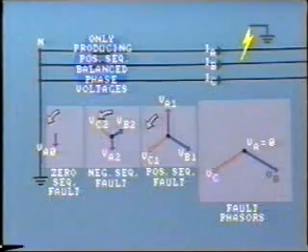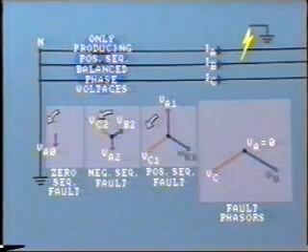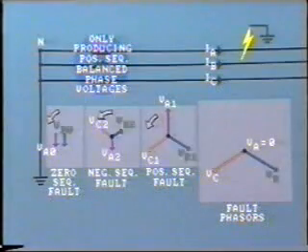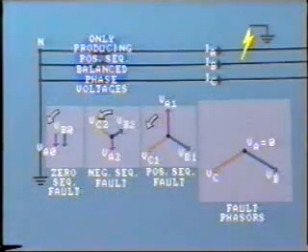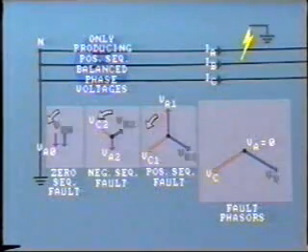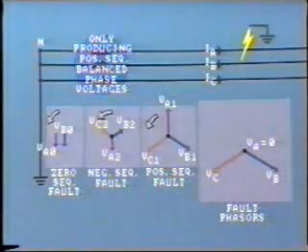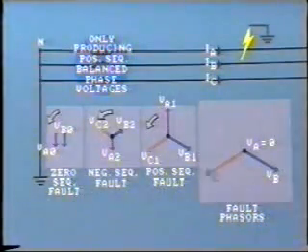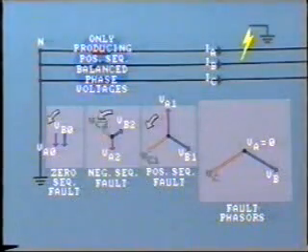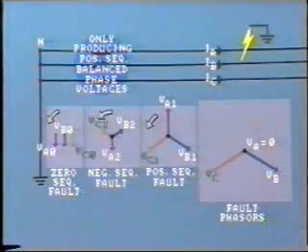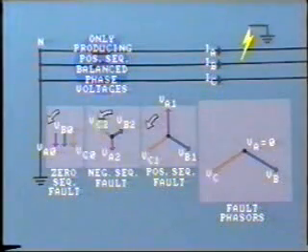Thus, the fault voltage VB is the sum of VB1, VB2, and the missing component VB0. Check in your workbook to verify that these phasors add to give VB. Similarly, with the C phase voltages. The phase voltage VC at the fault is obtained by adding VC1, VC2, and the missing component VC0.